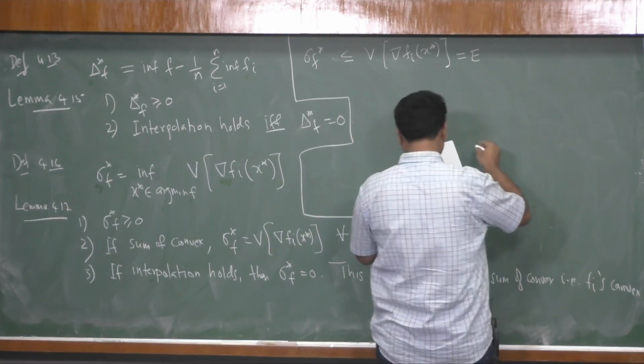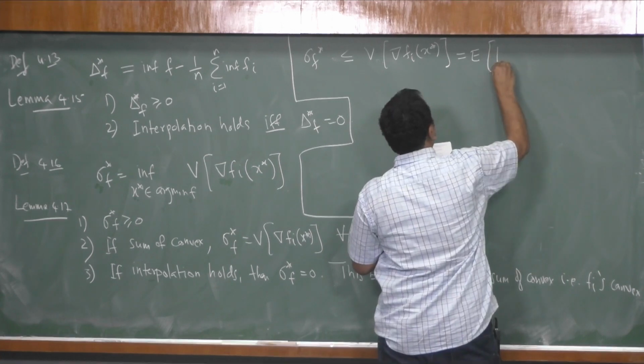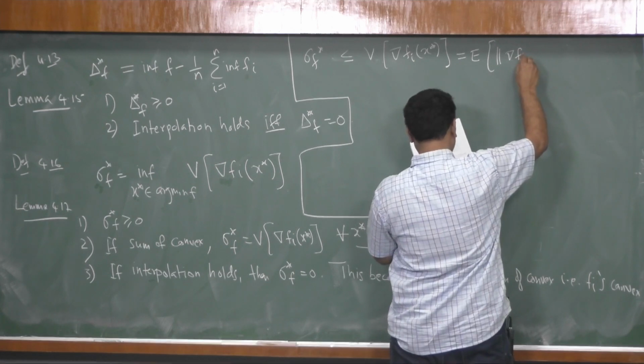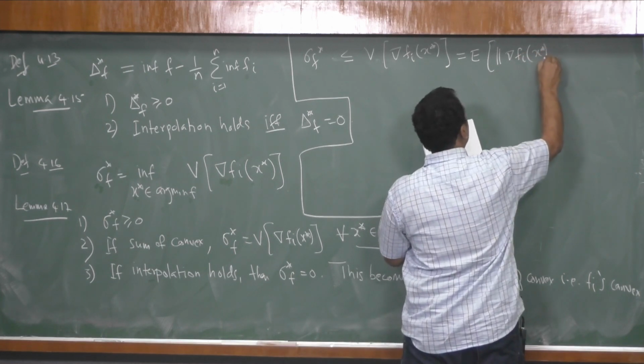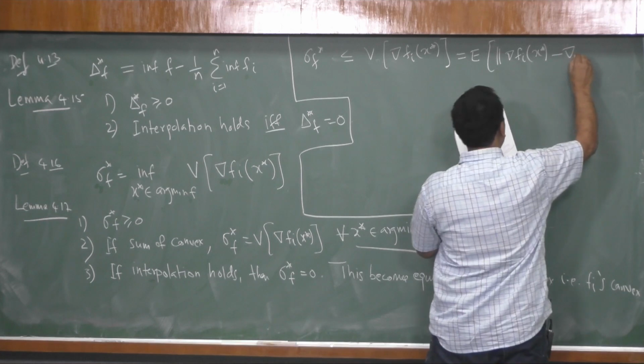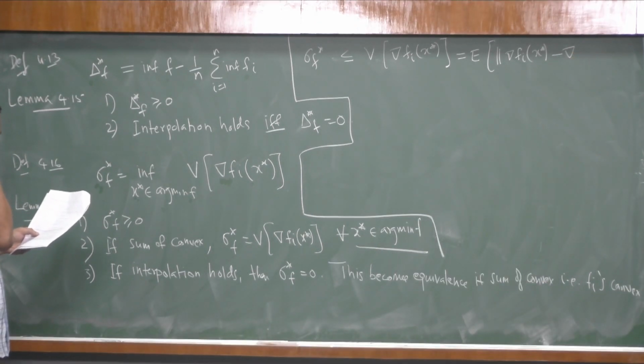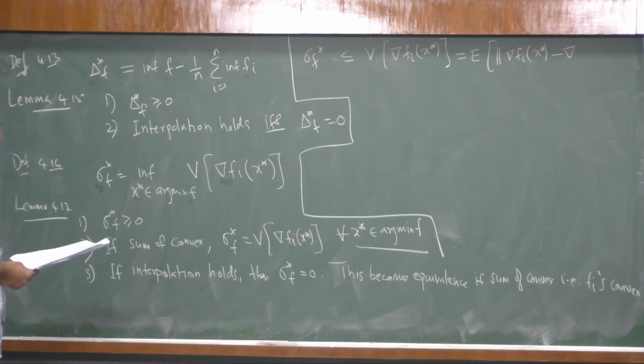So this will be expectation of norm of gradient of f_i x star minus gradient of, so x minus expectation of x whole squared, and then I'm supposed to take the norm, right? So x in our case is this grad f_i, and then I have to take the expectation of that, but the expectation of the grad of f_i will be the f itself, because f is defined like that.